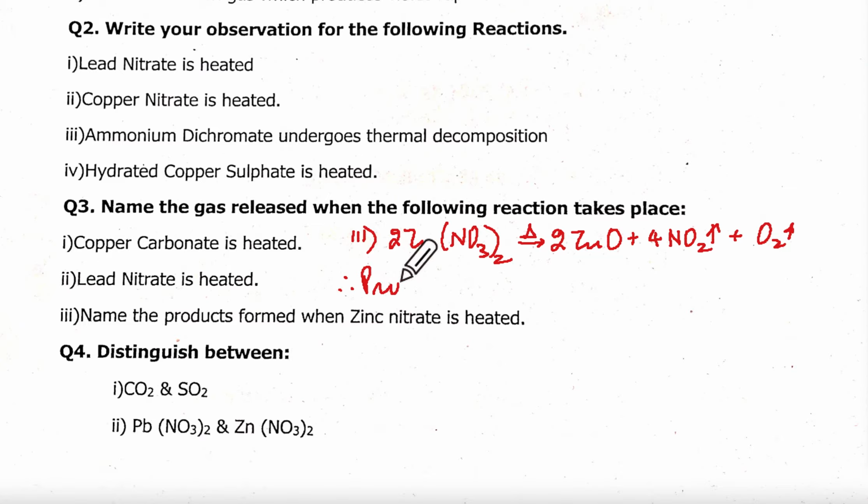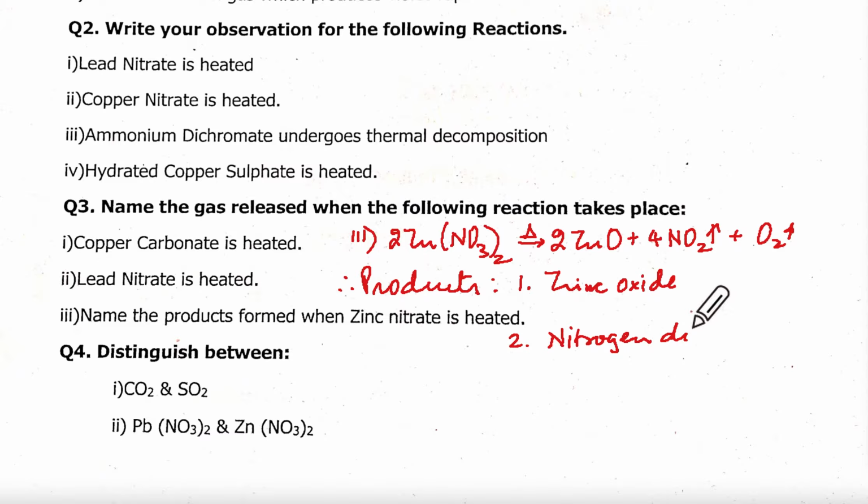So what will you say, products. What is the product? Number one, zinc oxide, very good. Number two, nitrogen dioxide gas, and the third one, oxygen gas.